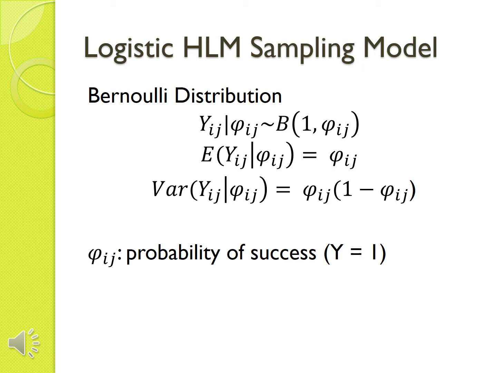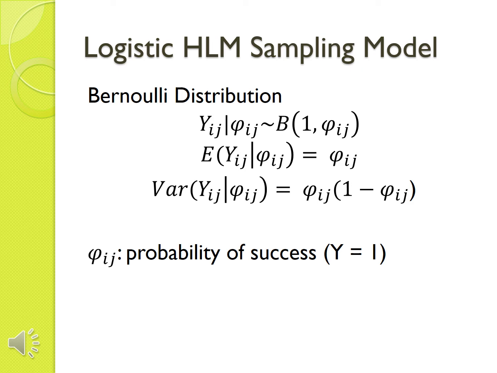Technically before it would have been a Yi, but as I mentioned, in regression we don't note this because there is no second level. The mean, or the expected value, is the probability, the phi ij. It's the probability of success. The variance again is phi times 1 minus phi. So it's just different symbols.